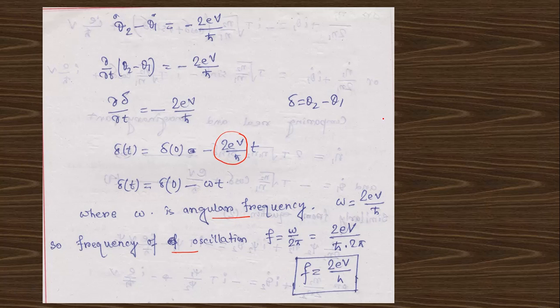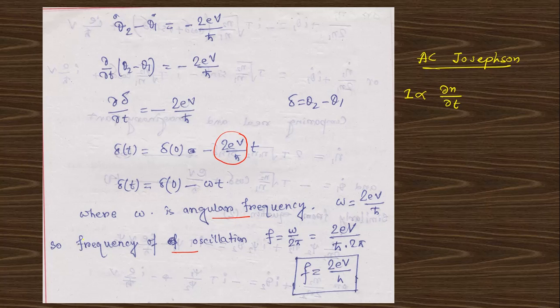Since you know the current flow, the AC Josephson current is proportional to del n by del t, n1 or n2.